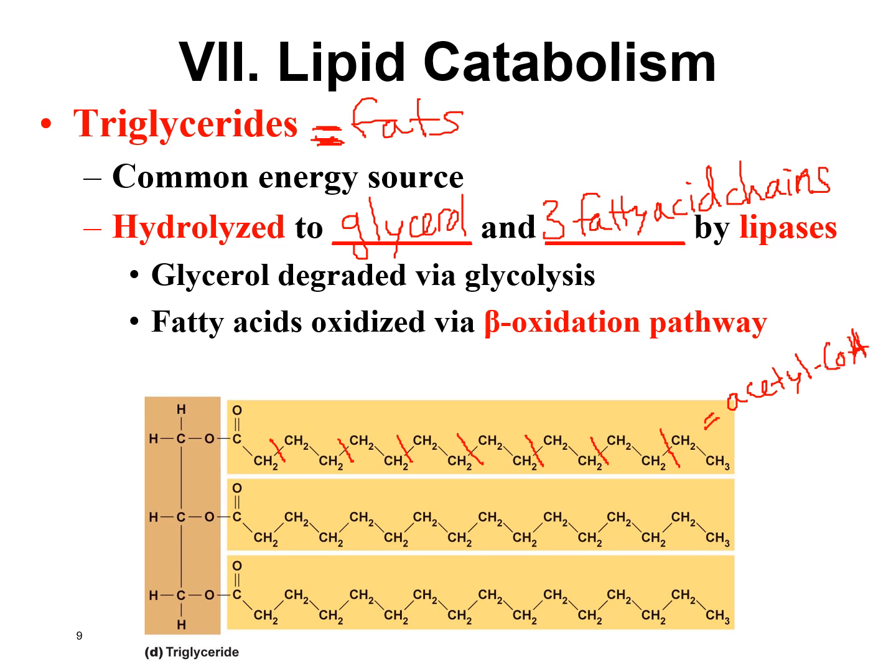Okay, and then we can feed that into the Krebs cycle. So the fatty acids, when they're broken down into these little 2-carbon pieces, we call that beta oxidation. So that would be a good term to know.